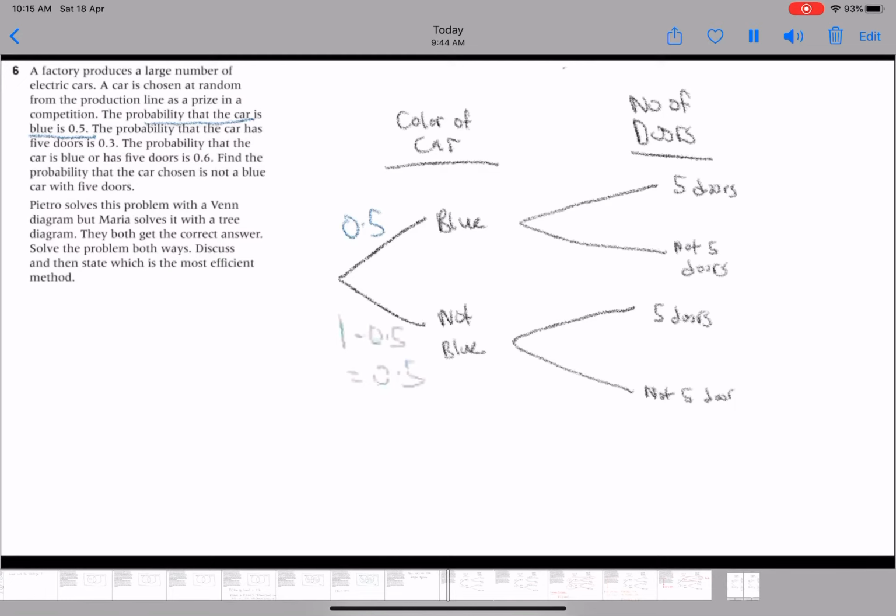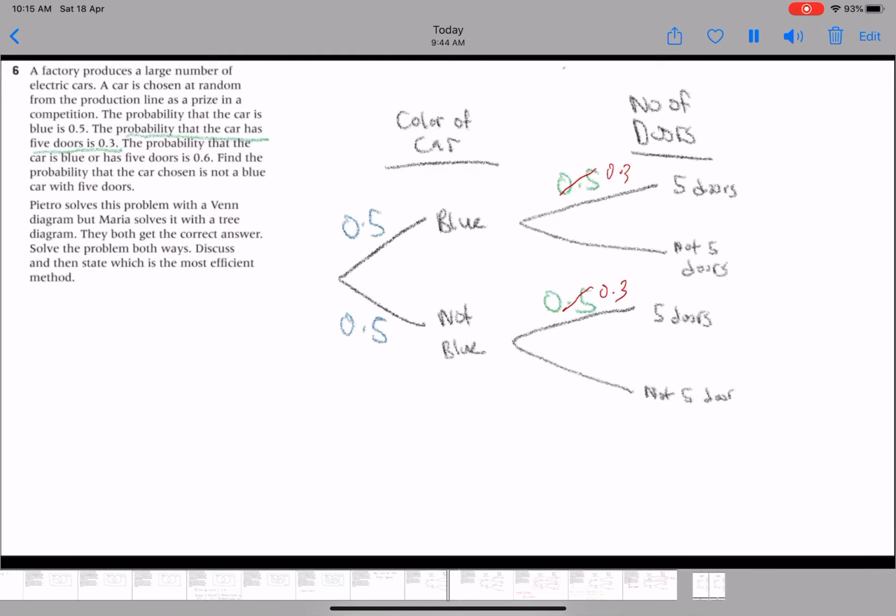Next, the probability that the car has 5 doors is 0.3. Here's a bit tricky. Does this mean these two lines I can write 0.3? I'm sorry, there's a mistake here. The green numbers should be 0.3, not 0.5. Let me make the correction here. Okay, 0.3.